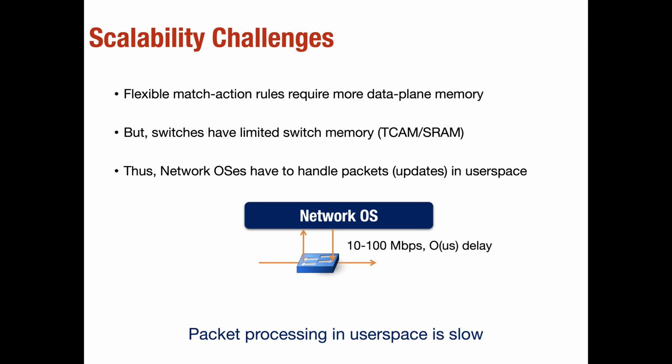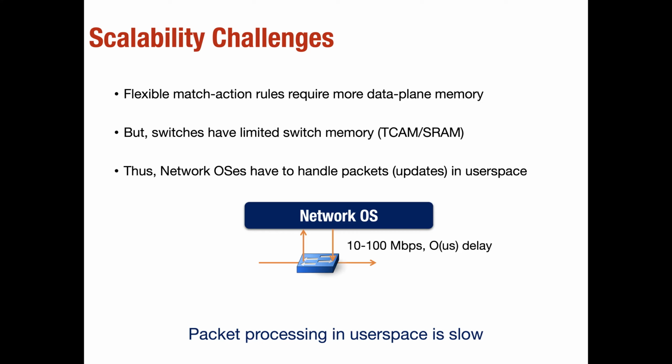Basically, we have to send the packet from the data plane to user space for further processing if we don't want to drop packets. And then from nanosecond delays we are talking about microsecond delays, and for a fixed amount of compute that can significantly bring down the throughput to 10 to 100 Mbps, compared to the hundreds of Gbps that we can support in the data plane.